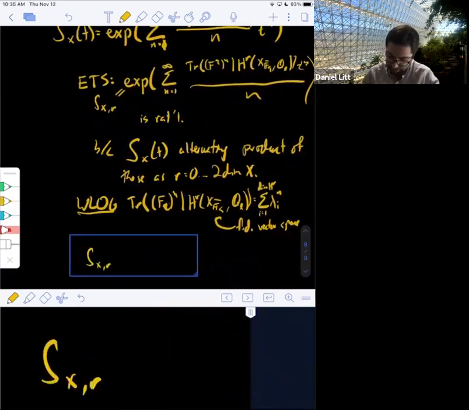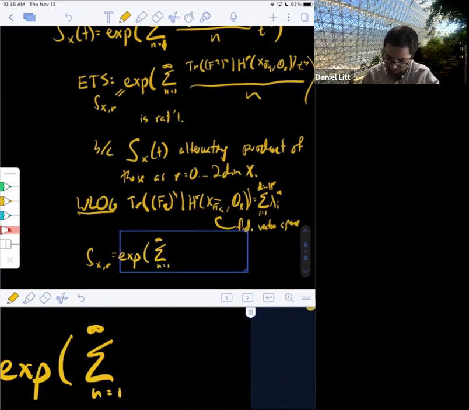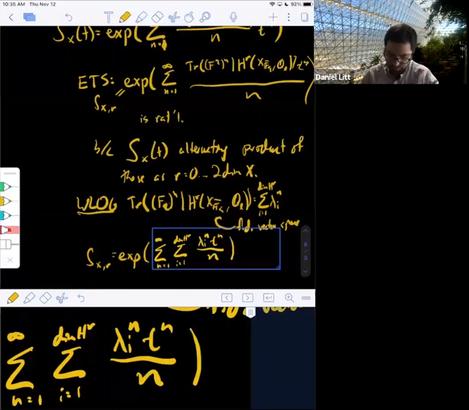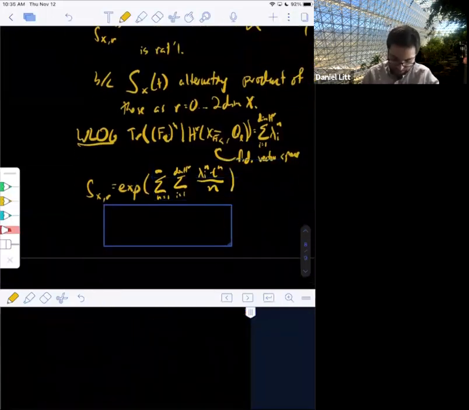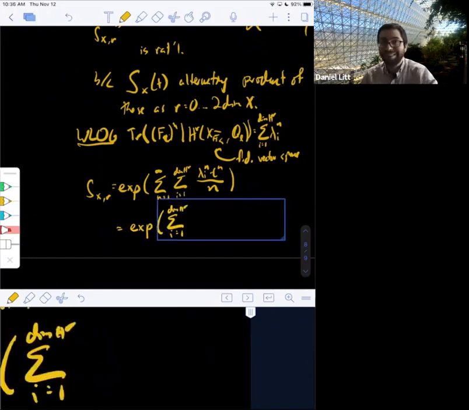So this tells us zeta_{X,r} is exp of the sum from n equals 1 to infinity of the sum from i equals 1 to the dimension of H^r of lambda_i to the n t to the n over n. Okay, now what is this? So this is the exp of the sum from i equals 1 to the dimension of H^r of what?